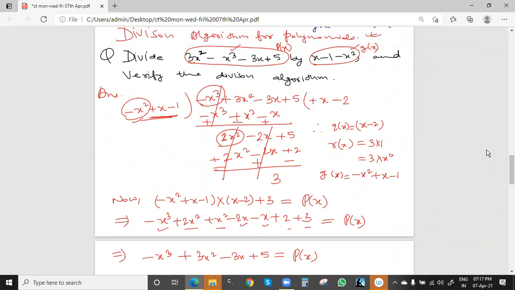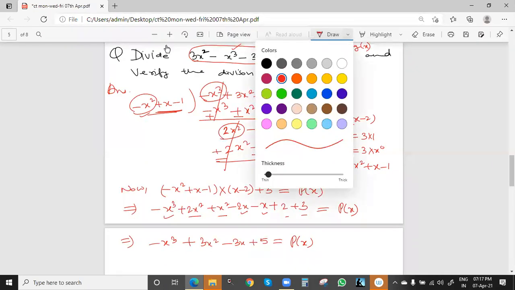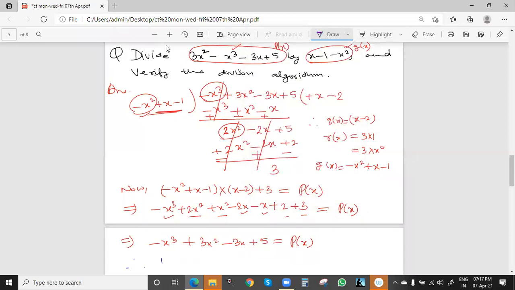The remainder is 3. We get these values and hence we can say divisor into quotient plus remainder gives the dividend. We can write: dividend equal to divisor into quotient plus remainder.